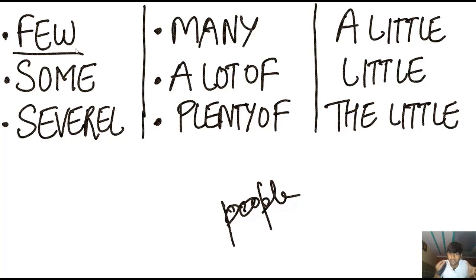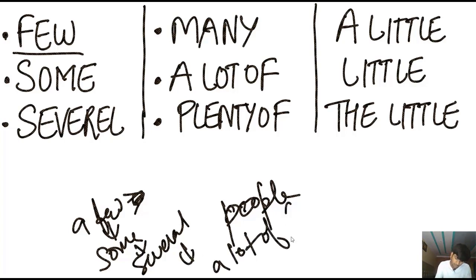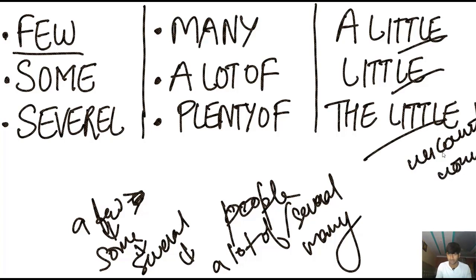Some is more than a few, and several is more than some. Then you have many, which is a lot. A lot and many are similar, and you can say plenty of. And little, a little, the little are used with uncountable nouns. We'll talk about everything, don't worry.